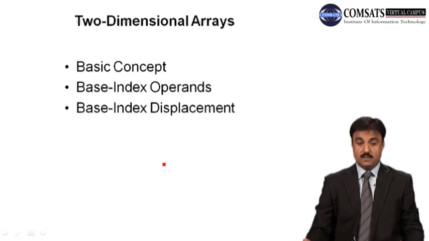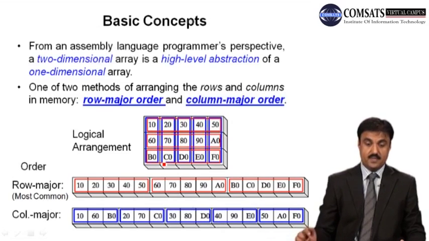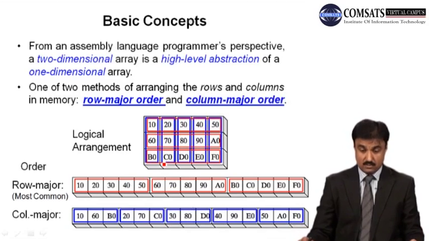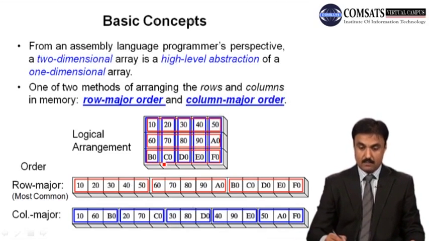Now we are going to start with two-dimensional arrays. In this we will discuss the basic concept, base-index operands, and the base-index-displacement way to access the elements. First, what is the basic concept of two-dimensional arrays? Basically a two-dimensional array can be called a table. For example, here you can see we have rows and columns. This is row number 1, row number 2, row number 3.